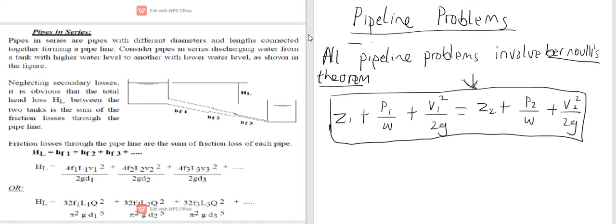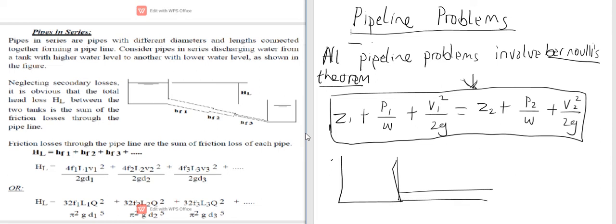So now, how does this theorem apply to pipelines? I'm just going to quickly go through it. In pipes, like when we have a system like this, sorry about the diagram, and the tank has an outlet of a pipe this way, there are losses that occur, as we have learned in class.